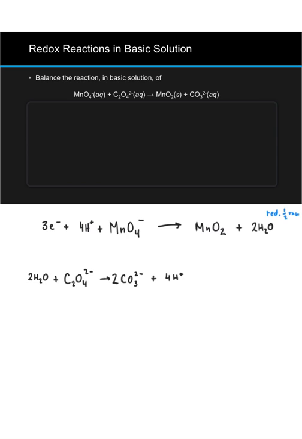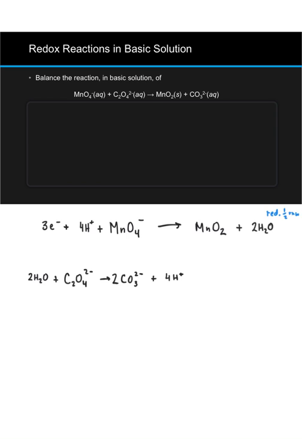Now for charge. On the left-hand side, no charge at all from water, a 2 negative charge from oxalate. Overall, a 2 negative charge on this left-hand side. On the right-hand side, 2 carbonates, each with a 2 minus charge. That's 4 negatives. From our H+, we have 4 positive charges.